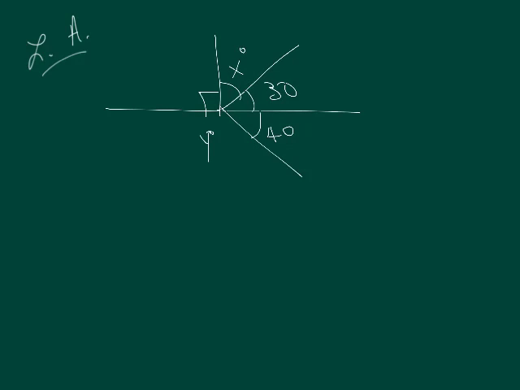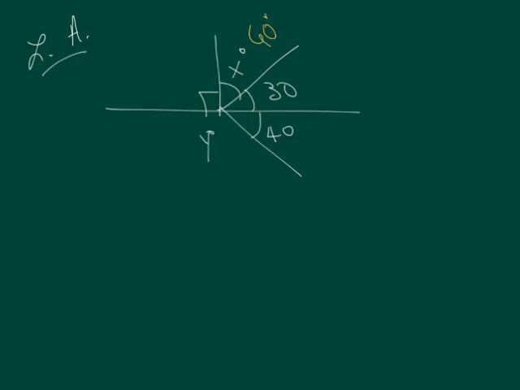Well, if I know that this is 90, then this over here has to be 90 as well because it has to add up to 180. So if I know that this is a 90-degree angle and this is 30, then the complement, or what I have to get to add up to 90, is going to be a 60-degree angle here.